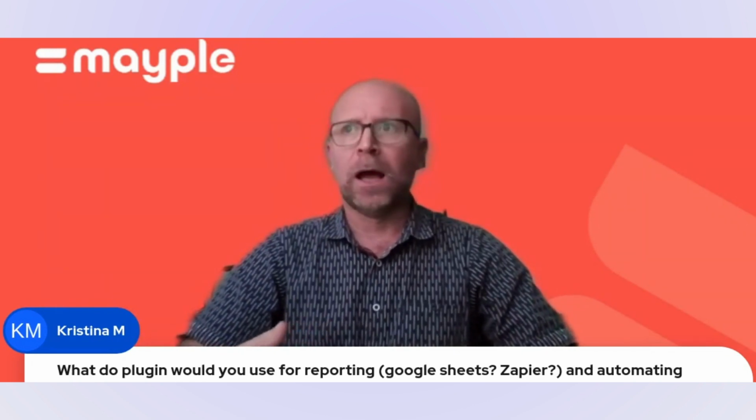But in terms of using Zapier, I think Supermetrics is a better connector for Google Ads and Google Sheets, just because it's built into it already. But Zapier would absolutely work as well.